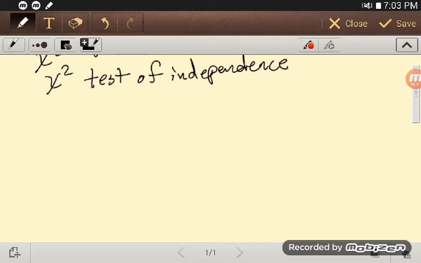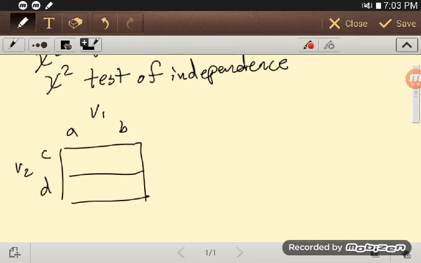And so suppose I have variable 1 and I have some levels A, B, and then I have variable 2 here, and we'll say these levels are C and D. Suppose there's 10 there, 20 there.